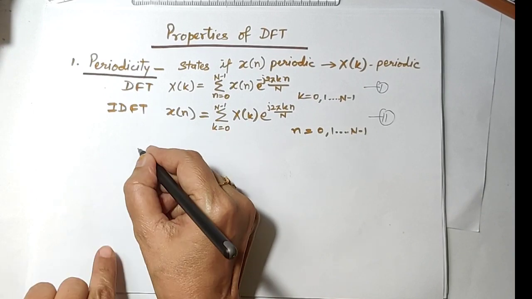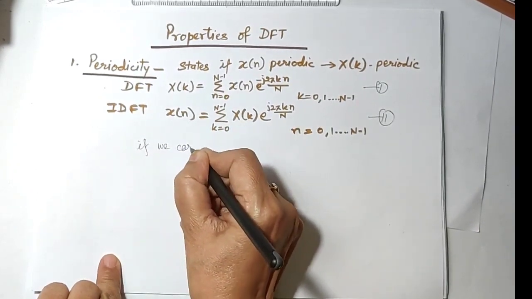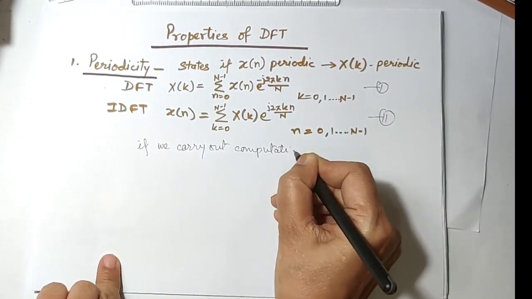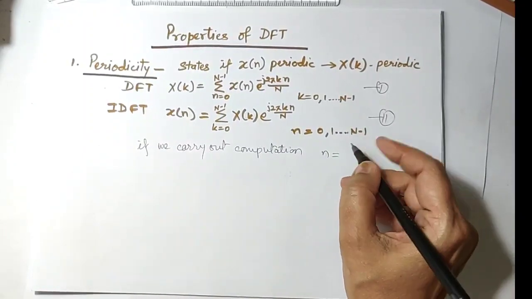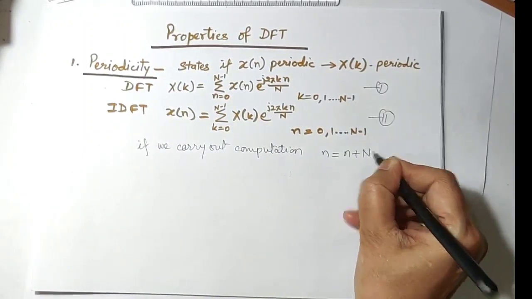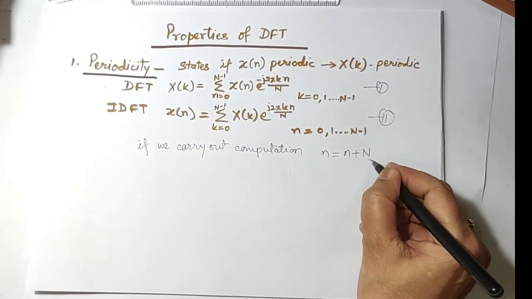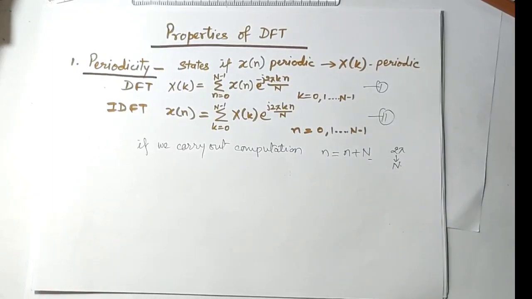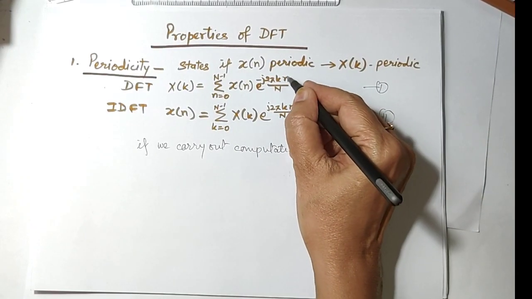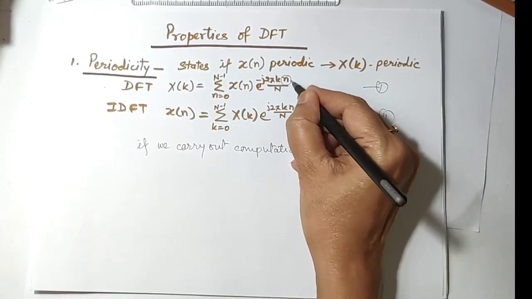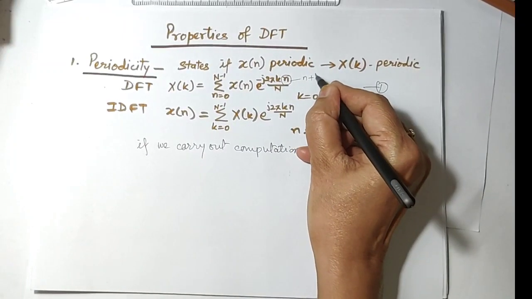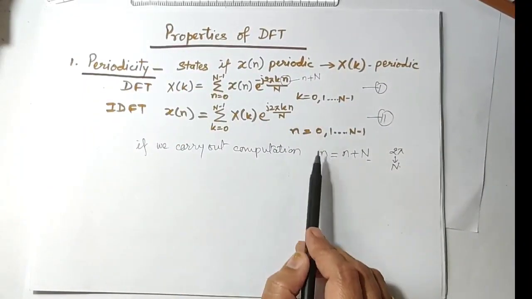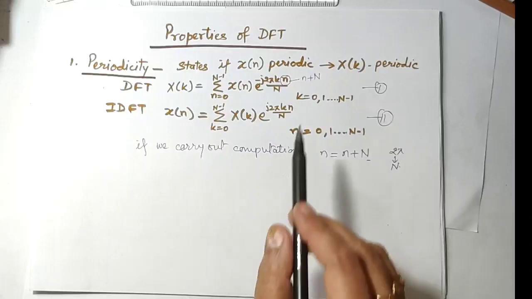If we carry out the computation such that n is equal to n plus N, where the 2 pi interval is broken into N samples, then in place of this n we substitute n plus N. In the equation we can see there will be no change in X(k) if we have n plus N.